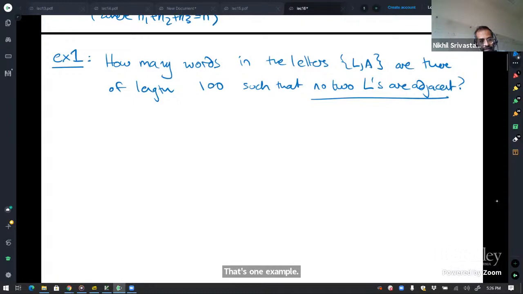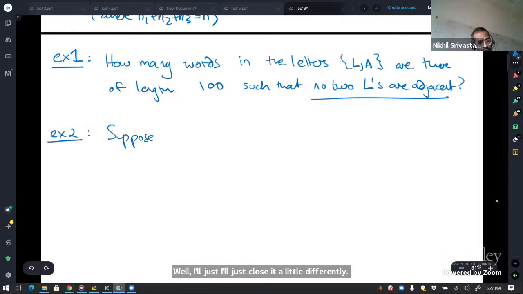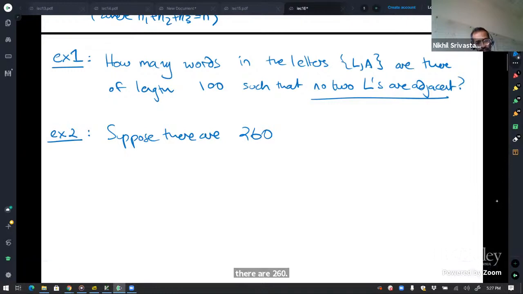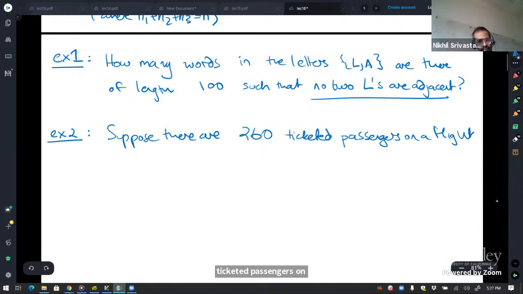Okay. And then the second example is a classic example in combinatorics, well, I'll just pose it a little differently. So suppose there are 260 ticketed passengers on a flight with assigned seats.